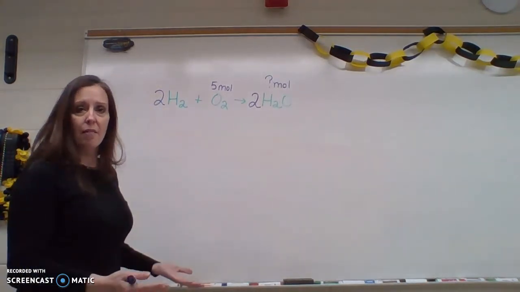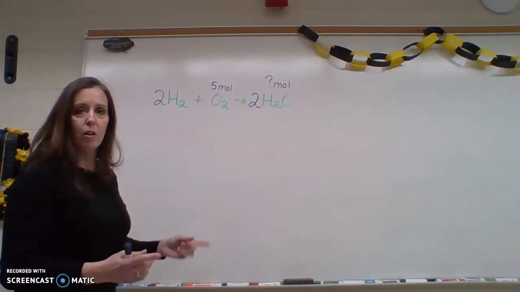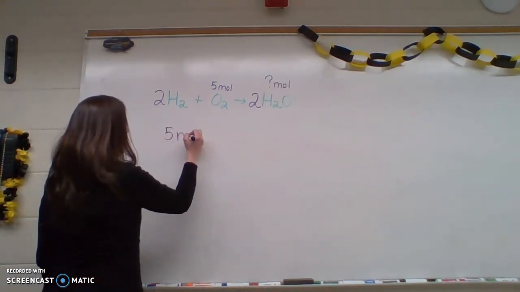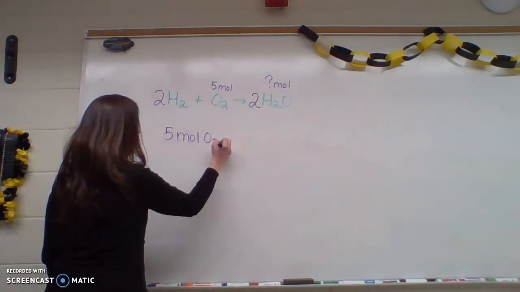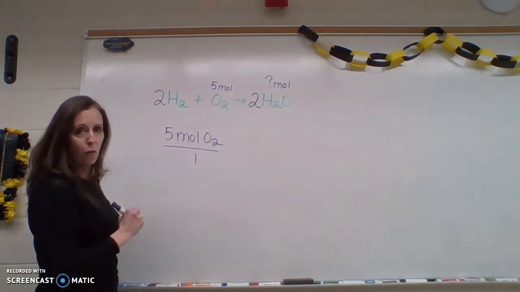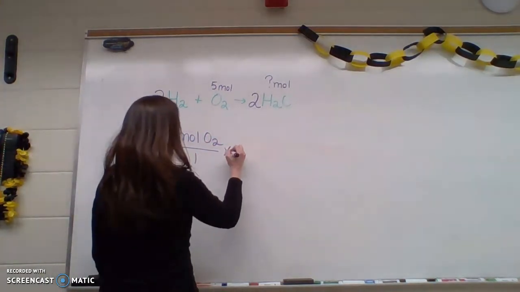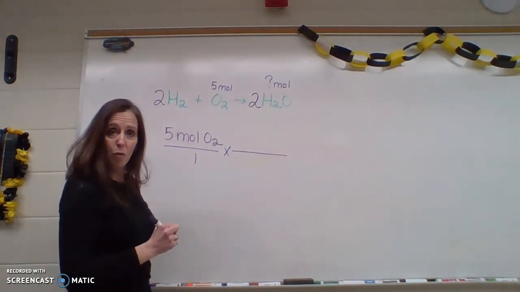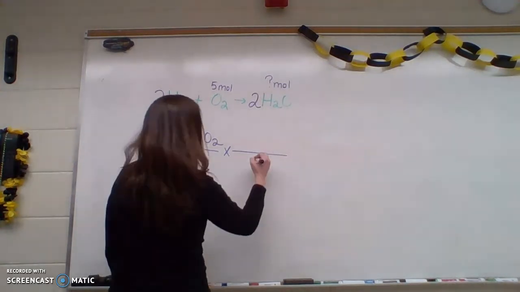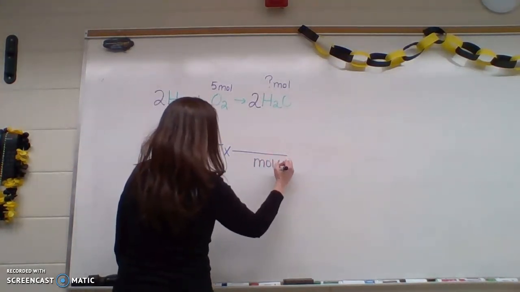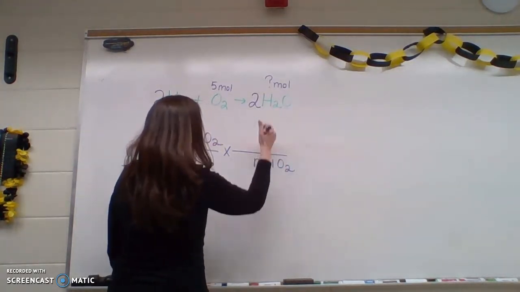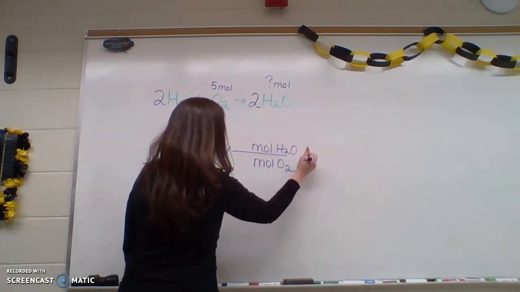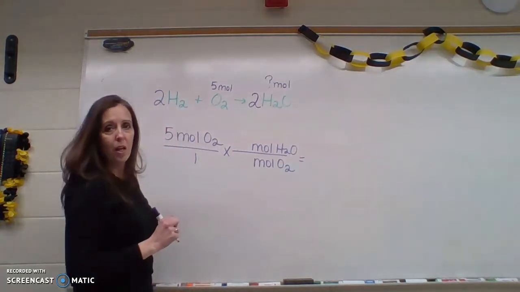Always take what's given and put it over 1. So I have 5 moles of oxygen over 1. I don't want to be in moles of oxygen. I have to get rid of it. So that goes in the bottom of my next step. I want moles of water, so that goes there.